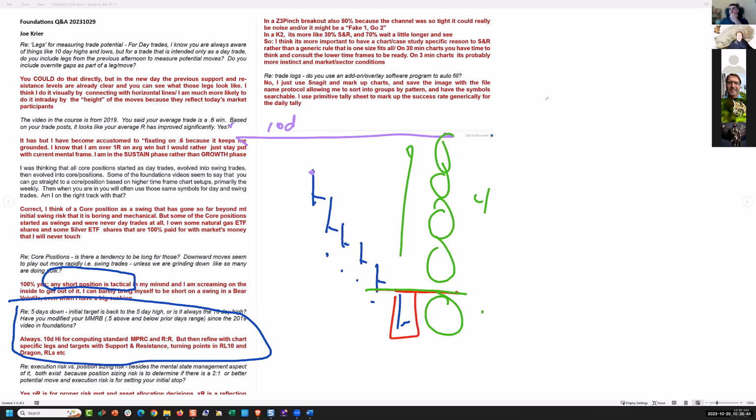4 to 1. Now, when it comes to the actual execution of that trade, this was the frame.